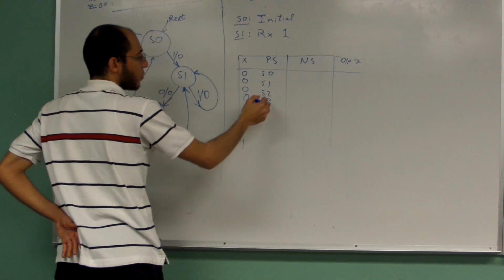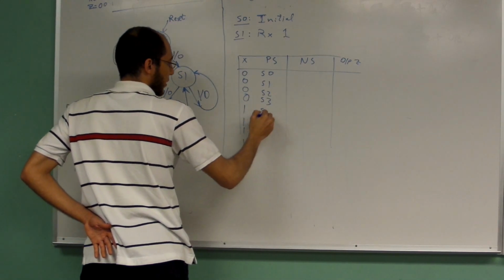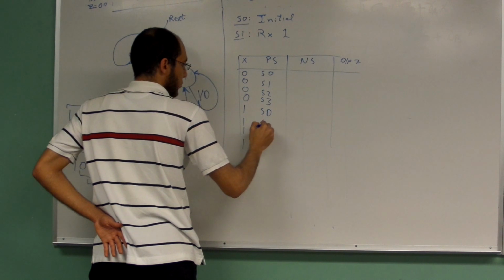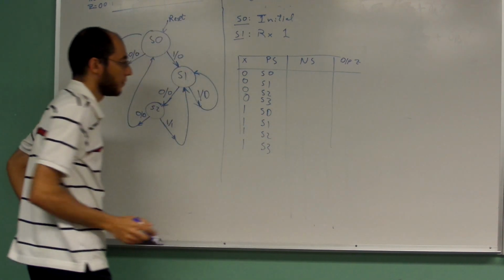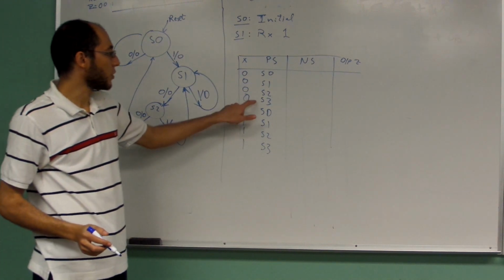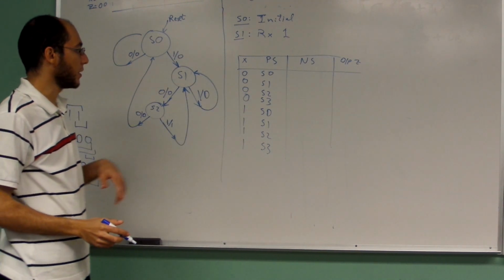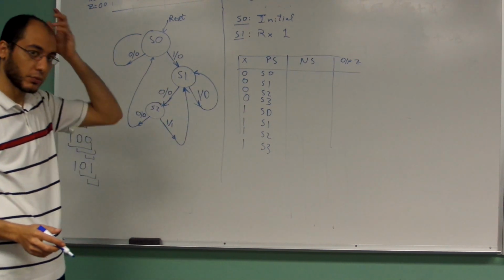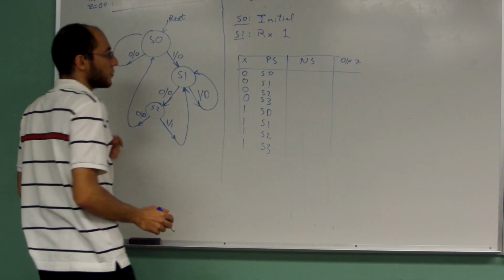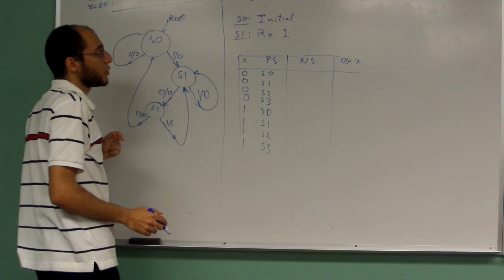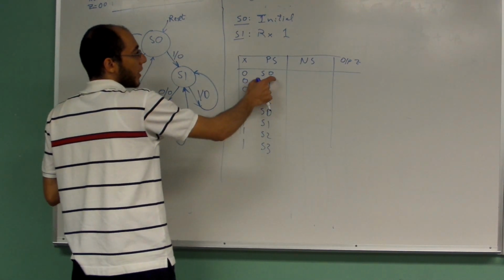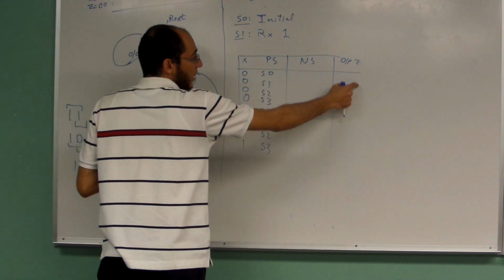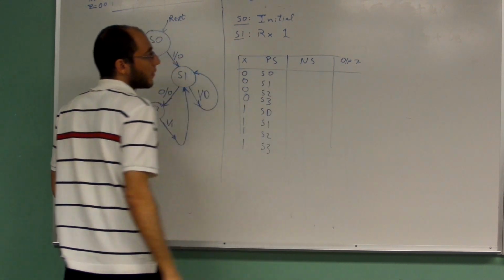And I'm going to let you know why I've written down S3 here, although I do not use it. As opposed to the Moore machine, whenever I look at the transition table, I need to look at the output and fill in the output first.